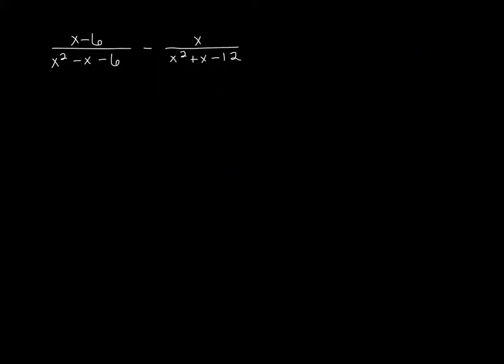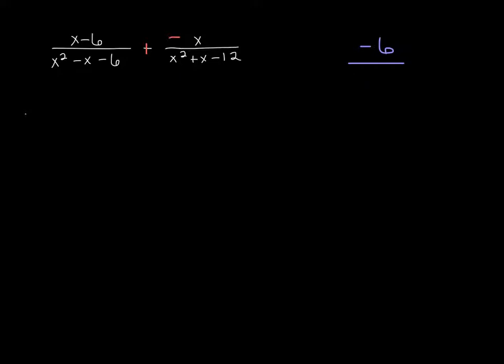Okay, since this is a subtraction problem, let's go ahead and change this to plus a negative. That way when we're taking our numerator, we go ahead and get all of our signs correct. Okay, now let's factor our denominators so we can find our common denominator. X squared minus x minus 6. A times c is negative 6.